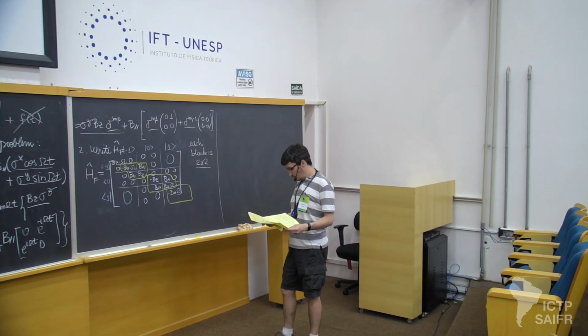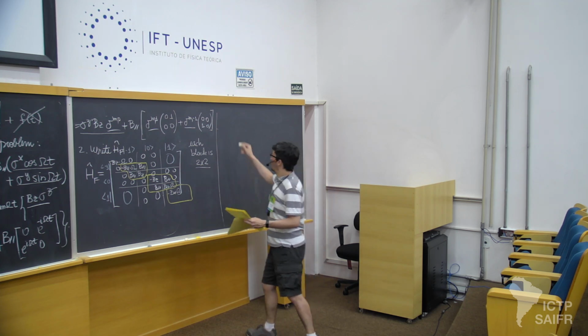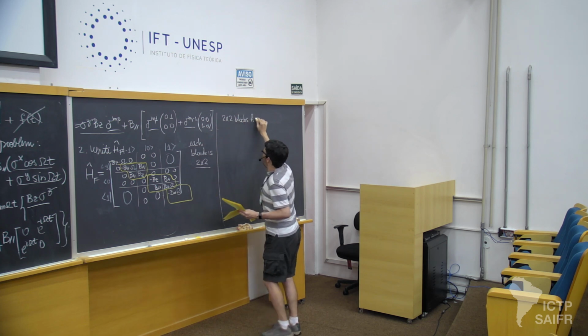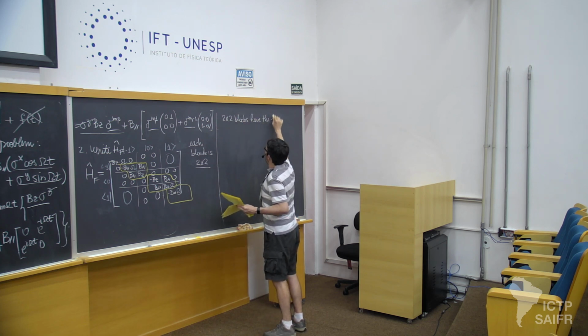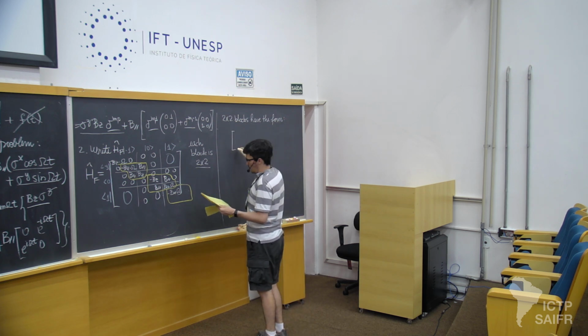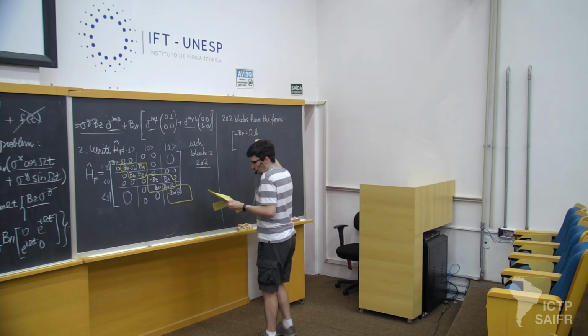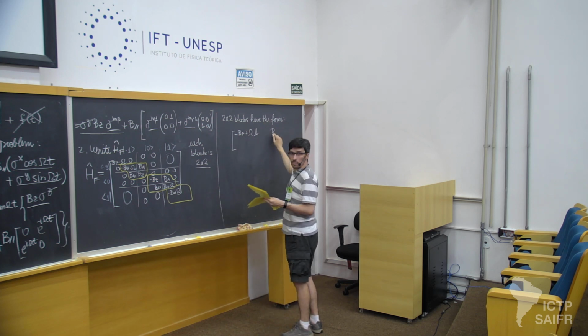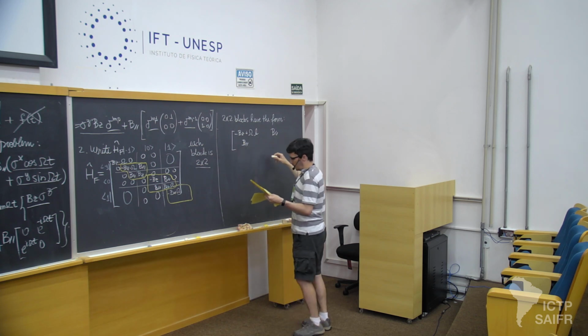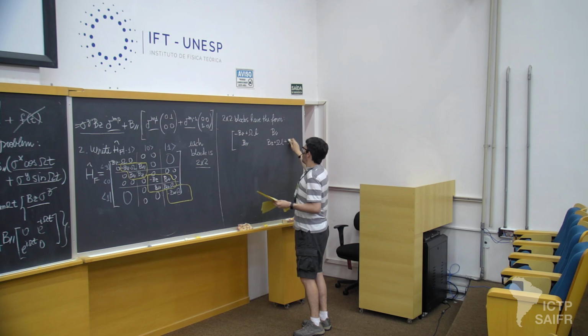Okay, so what is the general form of this 2 by 2 block? The 2 by 2 blocks have the form minus Bz plus omega L, B parallel, and Bz plus omega L plus omega.